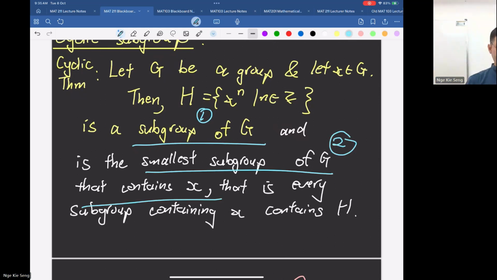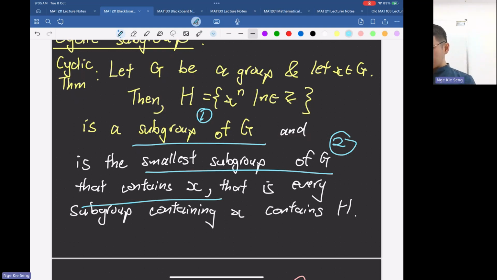Should we do it, or do you want to try first? How about I let you try first? I can give you about 2 minutes. You can discuss with your friend. So you need to check the subgroup properties. So how to check? I think I need to tell you the notation first, right?